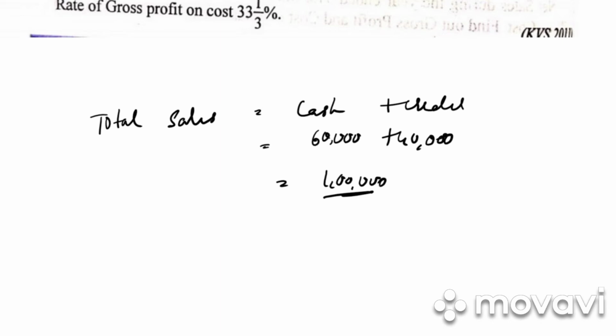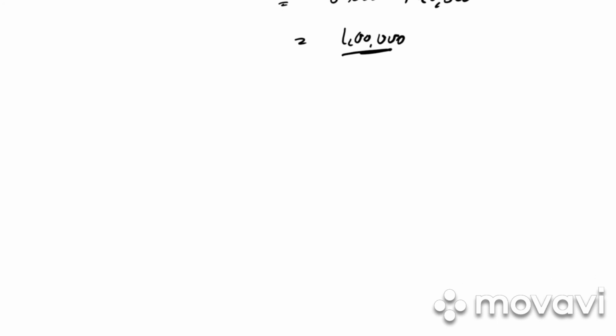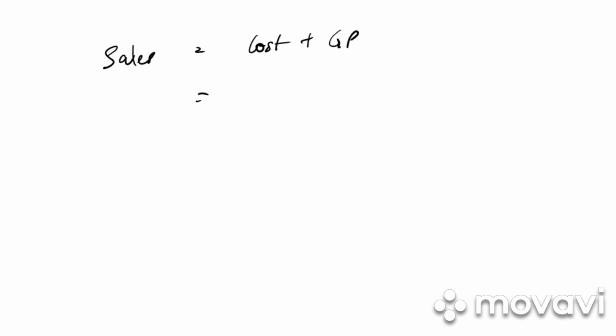Here they have said that the gross profit rate is 33.33 on cost. So again sales is equal to cost plus gross profit. Cost is 100, gross profit 33.33.